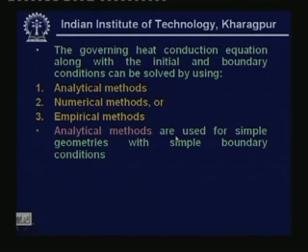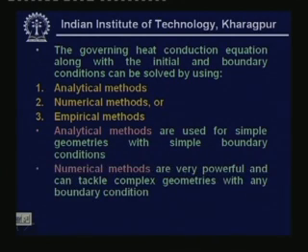So what are the typical characteristics of these methods? Analytical methods are used for simple geometries with simple boundary conditions. Simple geometries means you have a plane wall. Simple boundary conditions means outside temperature or outside radiation varies as a simple harmonic. For this kind of simple geometry and boundary conditions, you can derive an analytical expression, or get an analytical solution.